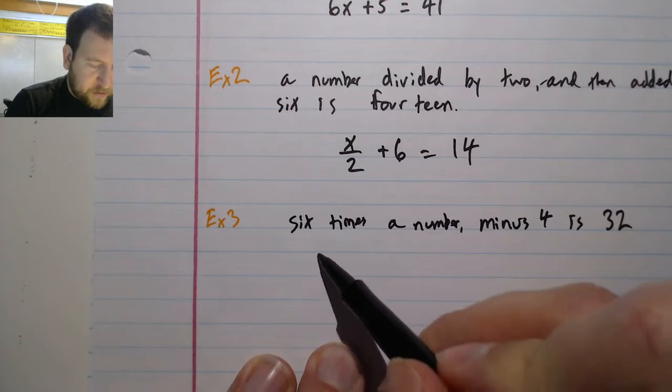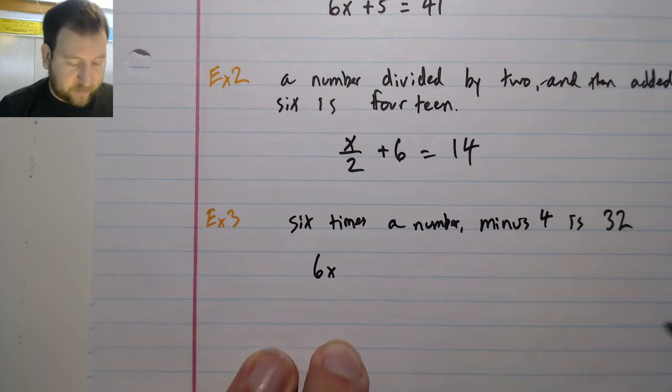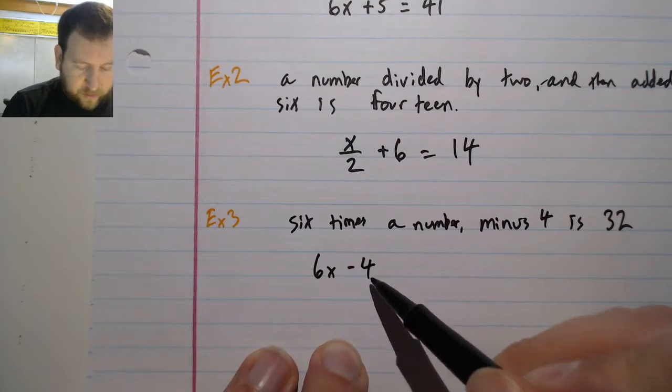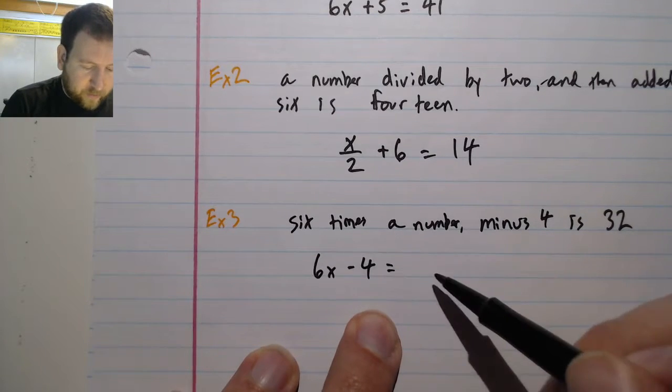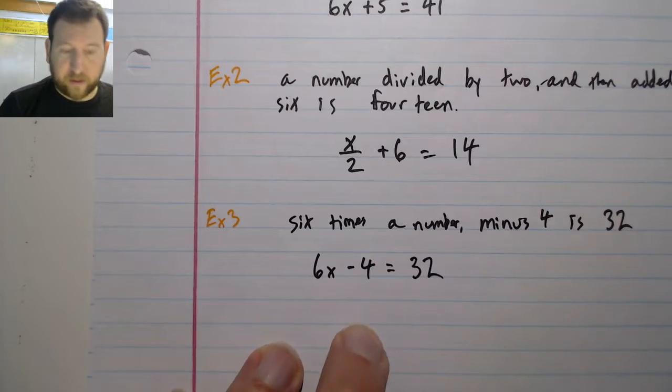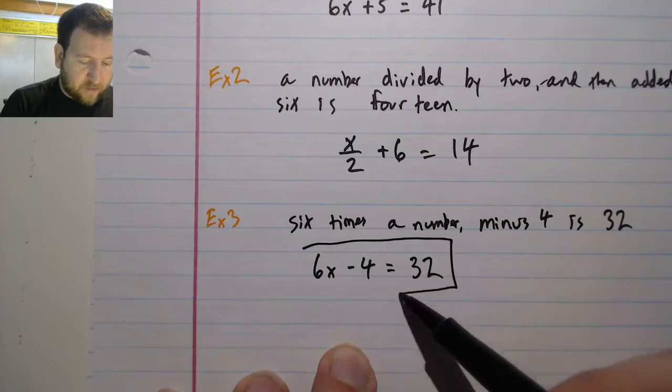All right, 6 times a number, well, I can just write that as 6x. Minus 4, well, easy enough, equals 32. And there we go, there is my equation.